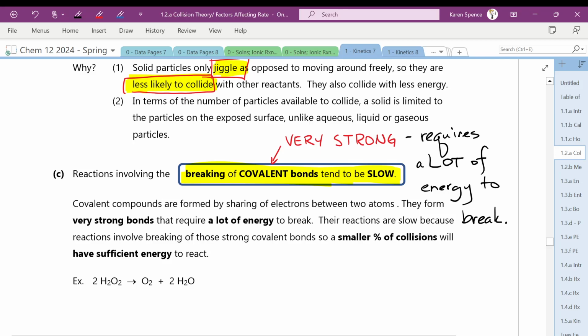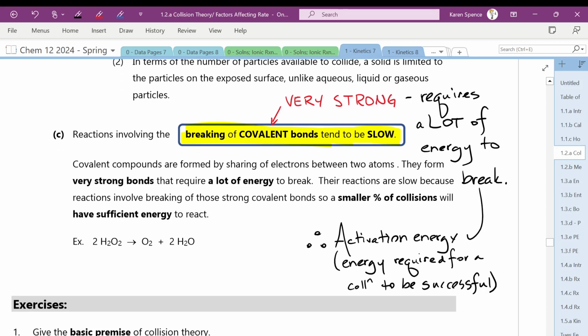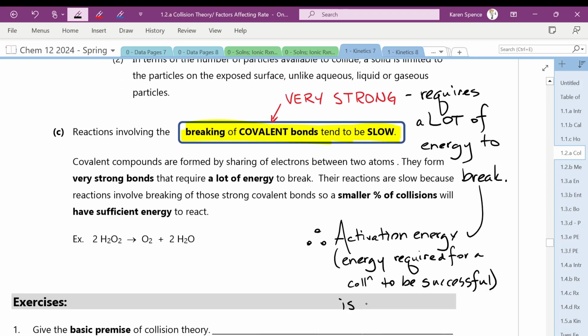That energy peak is very tall. So the activation energy, which is the energy required for a collision to be successful, is very high. We have a high activation peak.